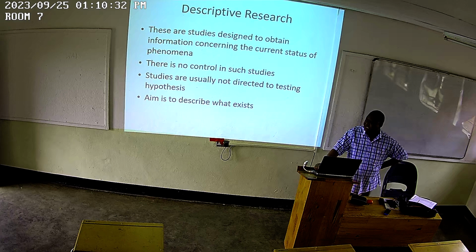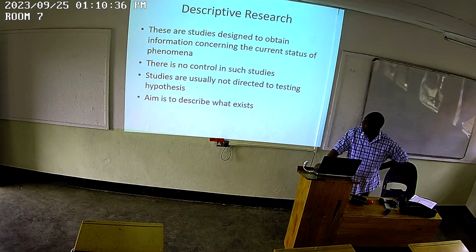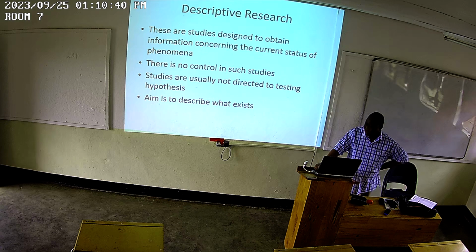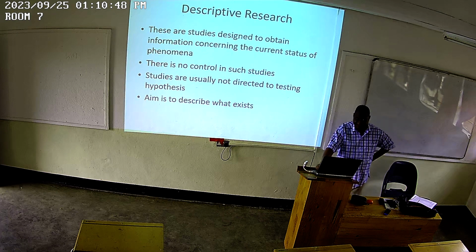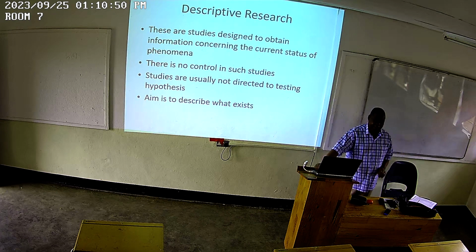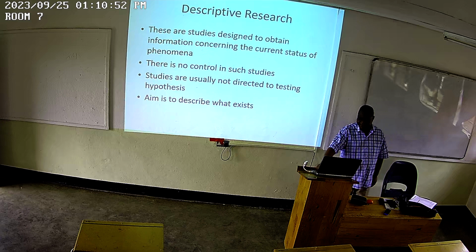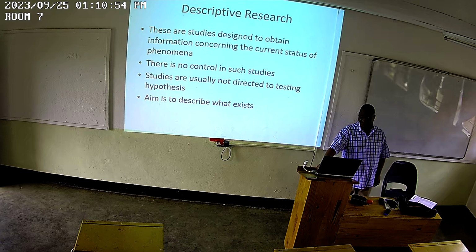Studies which do not have control of them, and therefore not designed for testing hypothesis. The aim of descriptive research is just to describe what is existing in a particular situation.